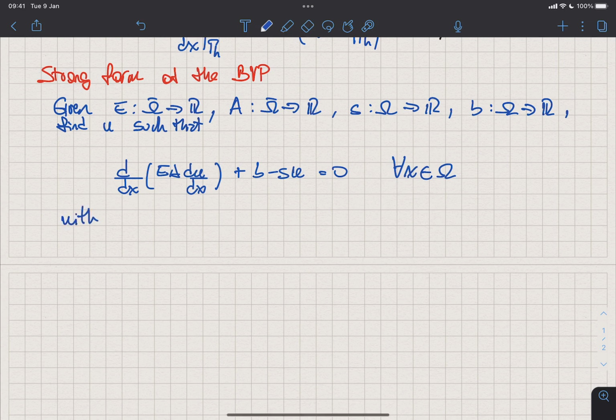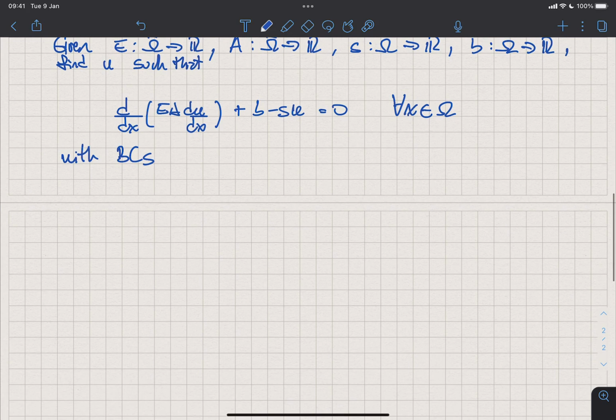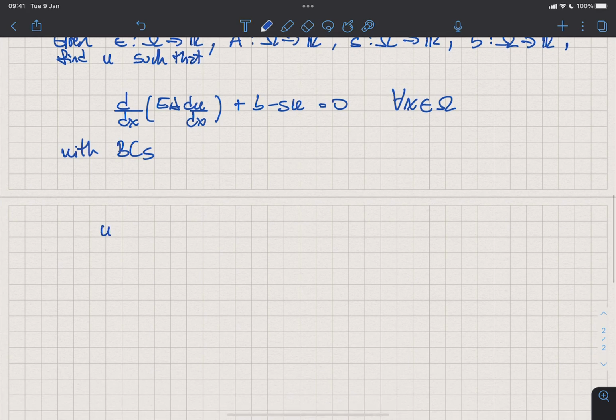But that is not yet complete because we're missing the boundary conditions. And as I said, we can have any sort of combination of boundary conditions. We can say U is equal to U bar on omega U, and then, for instance, EA du dx n is equal to n bar on omega t.